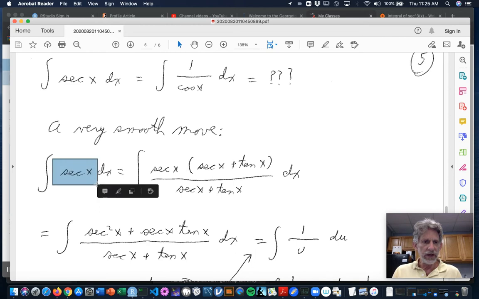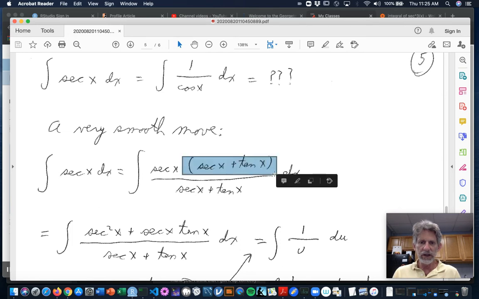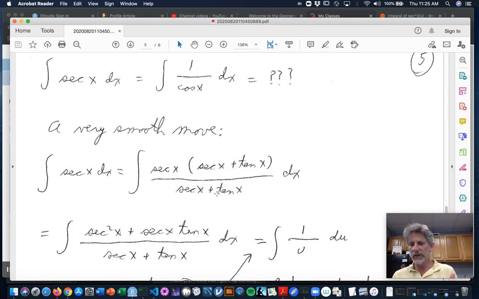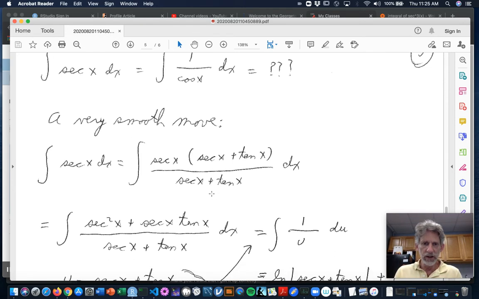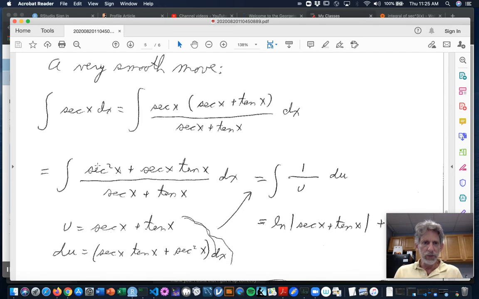Take secant of x and multiply it by 1, but write 1 as secant x plus tangent x over secant x plus tangent x. You multiply by 1, so you have not changed what you're trying to integrate. But when you multiply through on the top and you compare it with the bottom, I notice, hey, you know the derivative of tangent x is secant squared x.